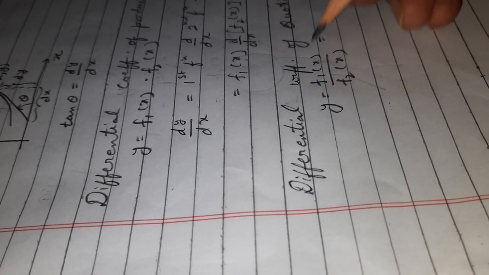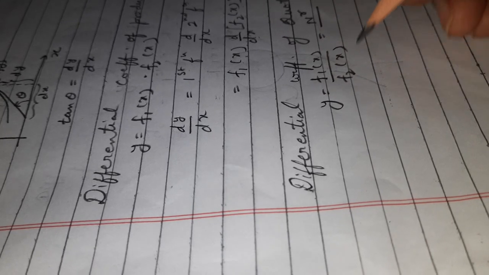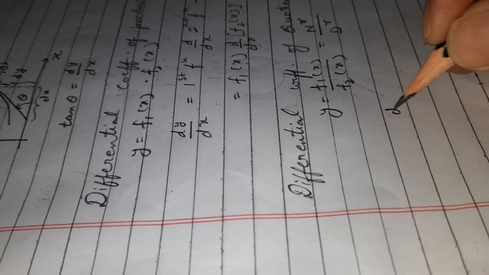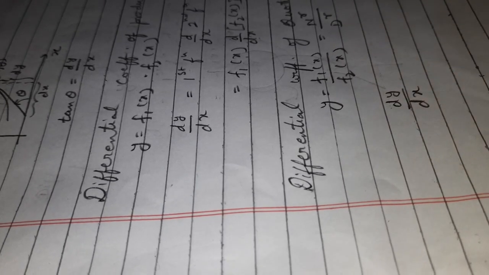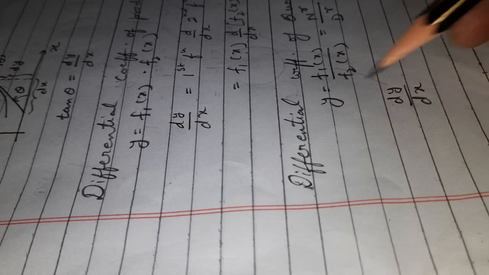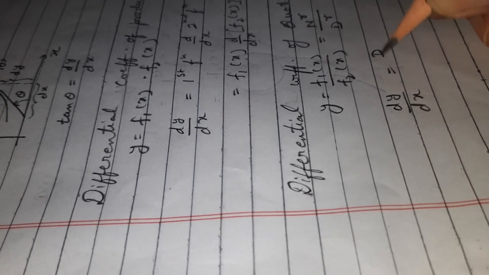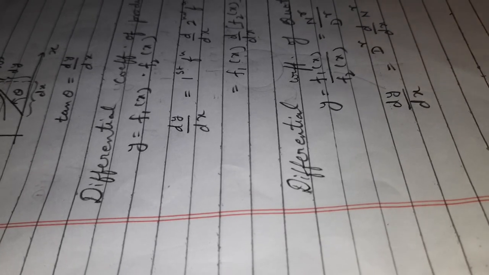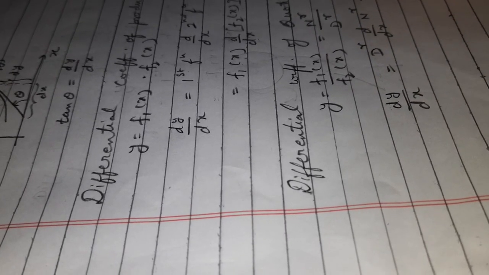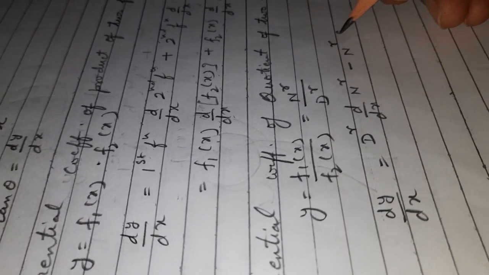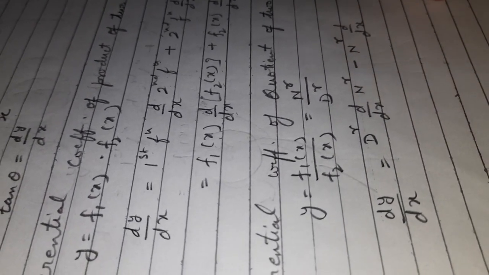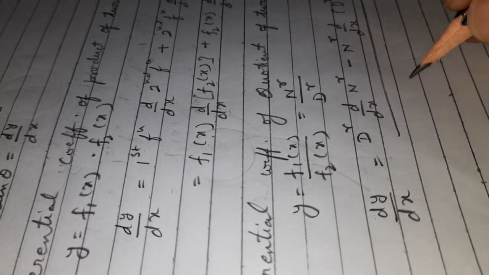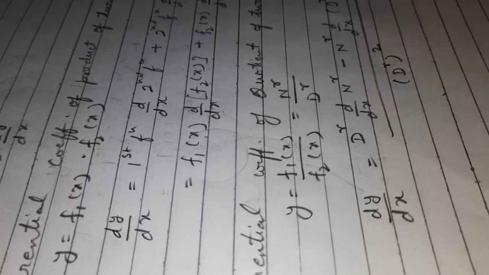This is the numerator and this is the denominator. Now dy by dx is equal to the denominator times d by dx of the numerator, minus the numerator times d by dx of the denominator, upon the square of the denominator.